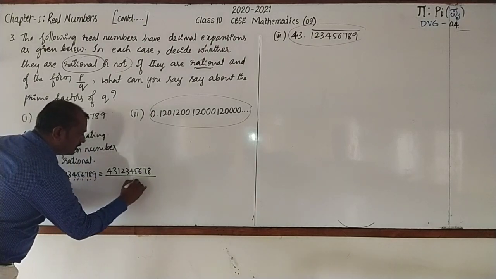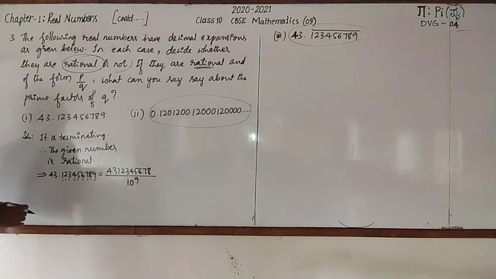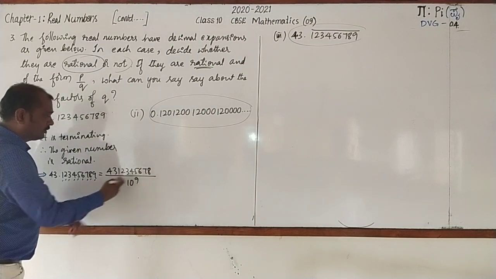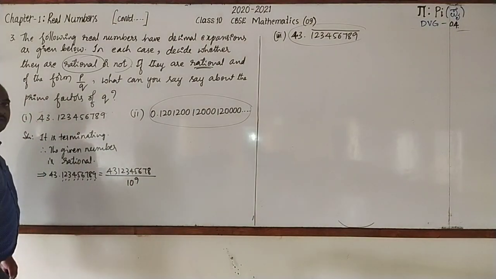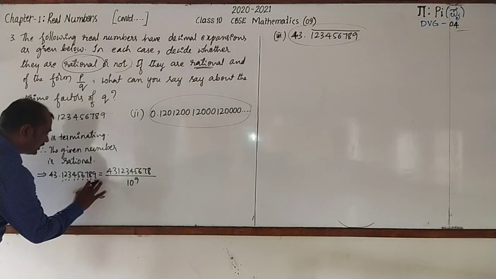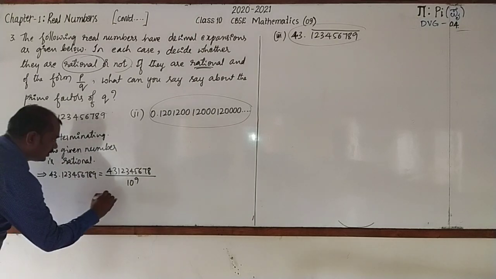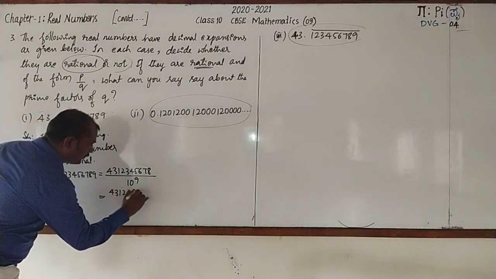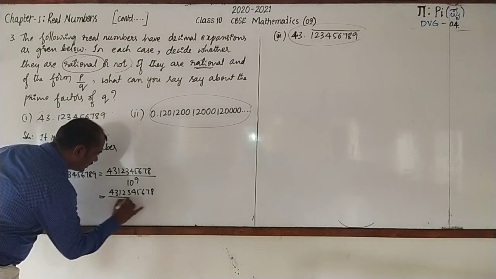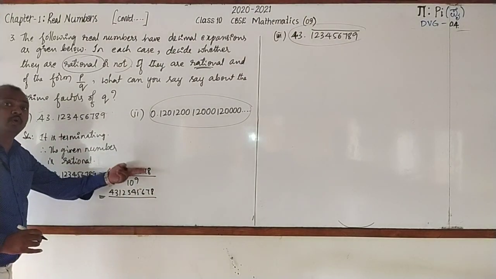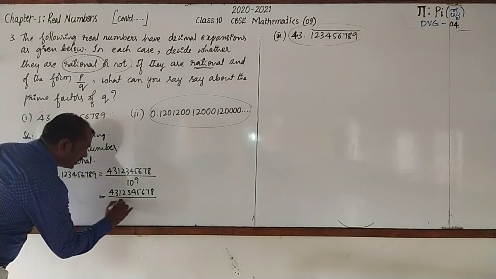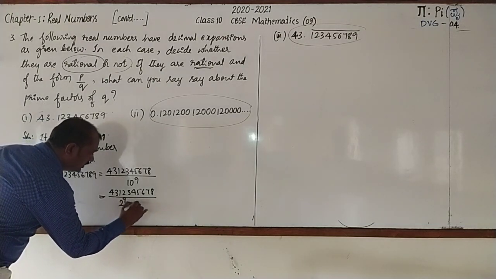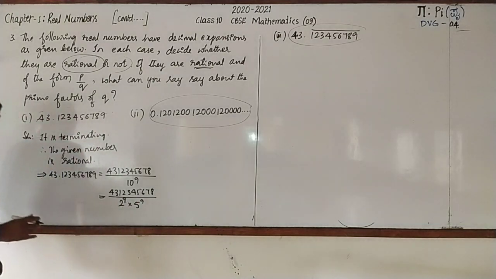So it is 10 raised to the power 9. Because 1 after 9 zeros will come, that can be written as 10 raised to the power 9. So this can be written as 2 into 5 whole raised to the power 9, nothing but 2 raised to the power 9 into 5 raised to the power 9.